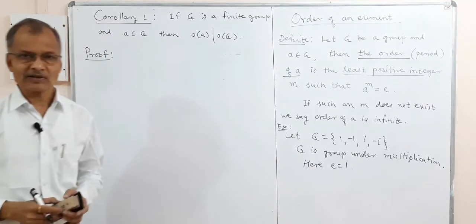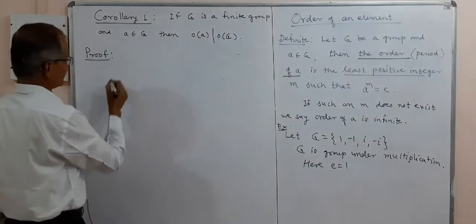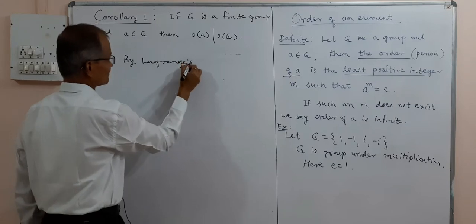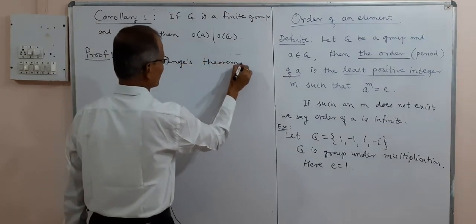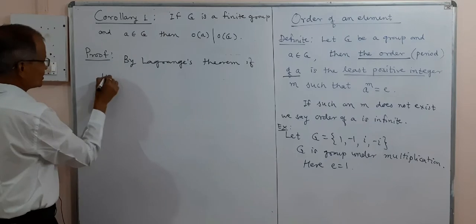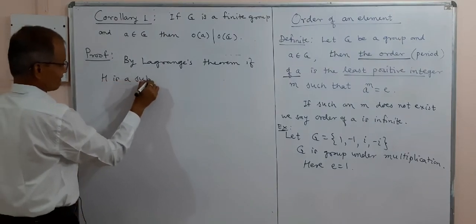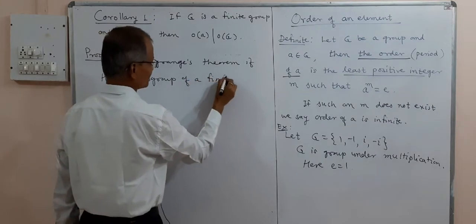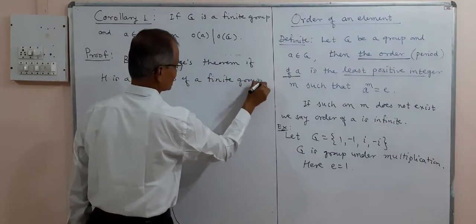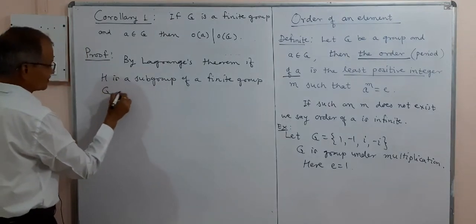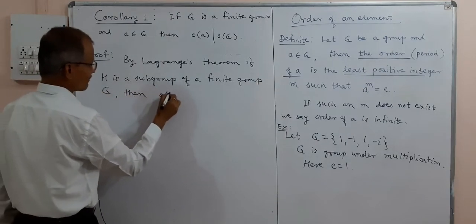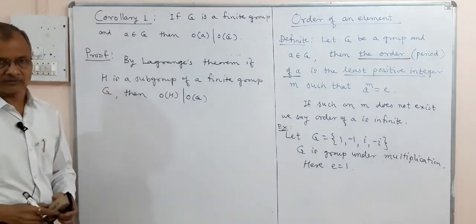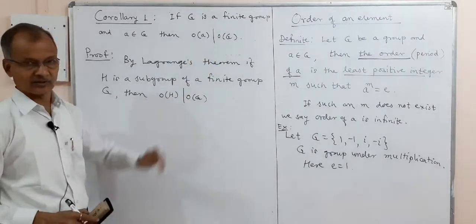Now what does Lagrange's theorem say? If G is finite, then by Lagrange's theorem, if H is a subgroup of a finite group G, then the order of H divides the order of G. In symbol notation, the divisibility relation we write like this: a divides b.